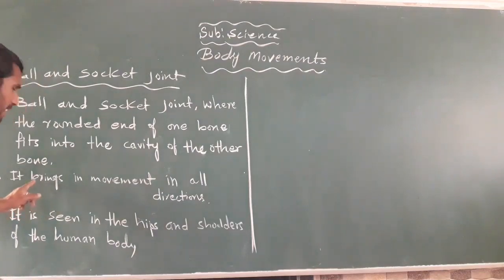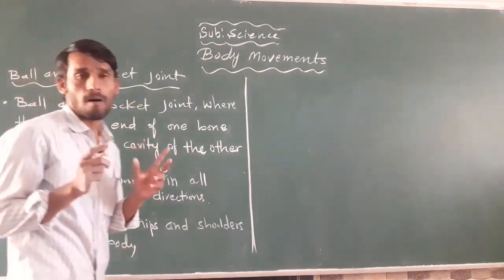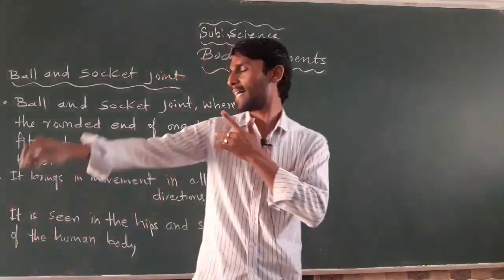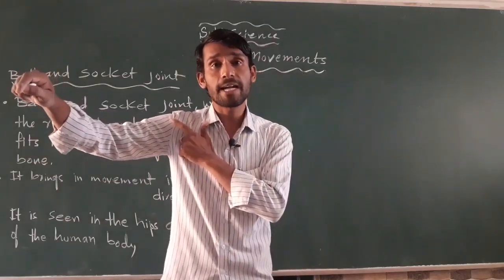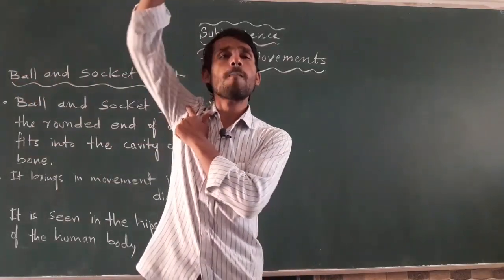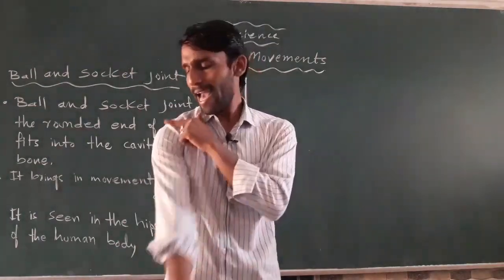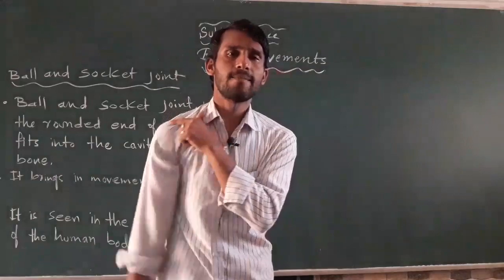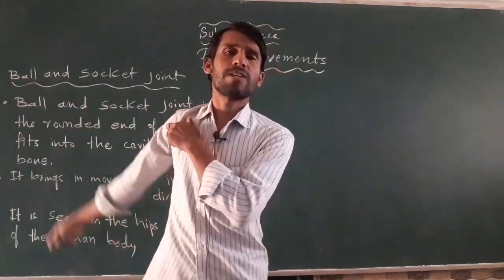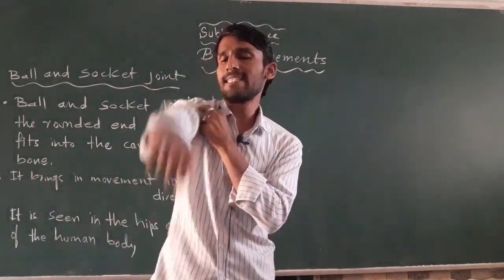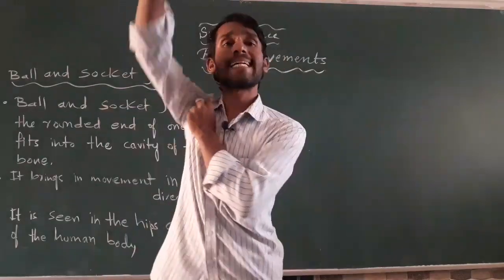Dear student, next point, it brings movement in all directions. For example, see here, this is the ball and socket joint. We are able to move this shoulder in all directions. See, I am rotating front side, and this is able to rotate back side also.